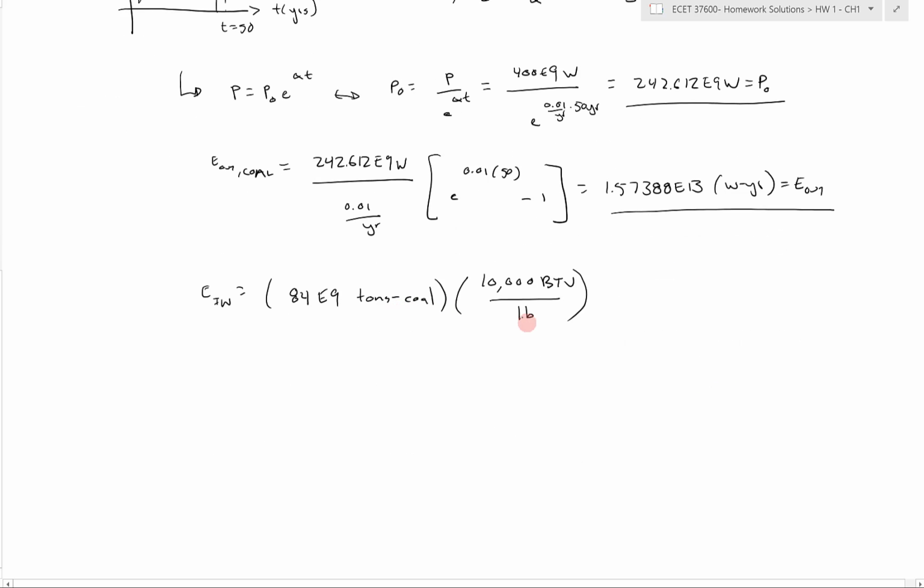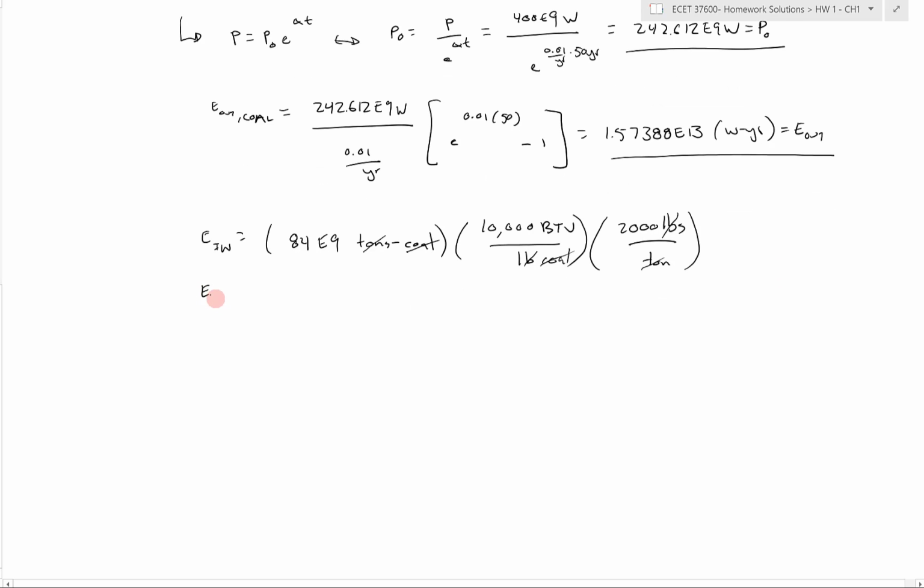So that won't cancel. We need to add a conversion factor between pounds and tons, so I need pounds to cancel. There are 2,000 pounds in a ton. And so now pounds cancel out, tons cancel out. I should have written coal right there. The coal cancels out because that's 10,000 BTU per pound of coal. So if I do all this multiplication, all the units except BTU cancel out, so I'm left with BTU. So my input fuel energy is therefore 1.68 e to the 18th BTUs.